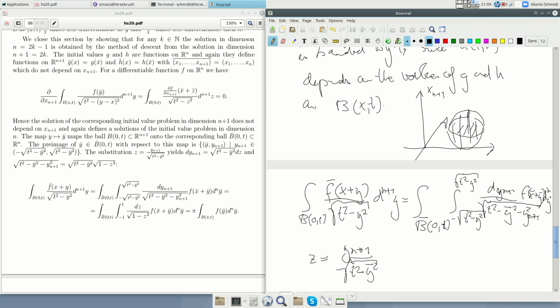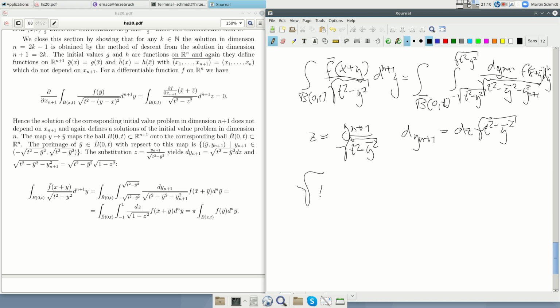Then dyn+1 is clearly dz times square root of t square minus y bar square.